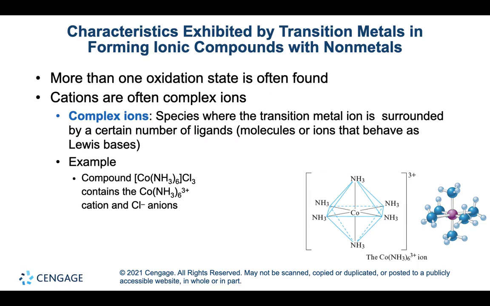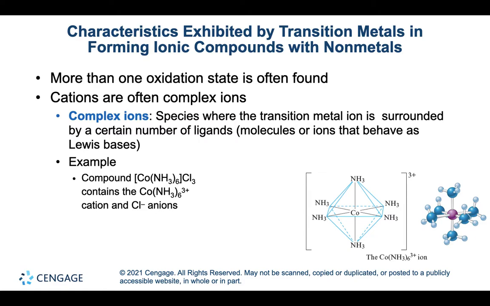You have 6 NH3 molecules all surrounding that cobalt +3 ion. They're ligands. They're using the unshared pair on the nitrogen to make a coordinate covalent bond with the cobalt +3 ion. And that process is creating what is called a complex ion. So the cobalt and the 6 ammonias together as a 3+ ion, it's like this polyatomic ion on steroids. It's called a complex ion.